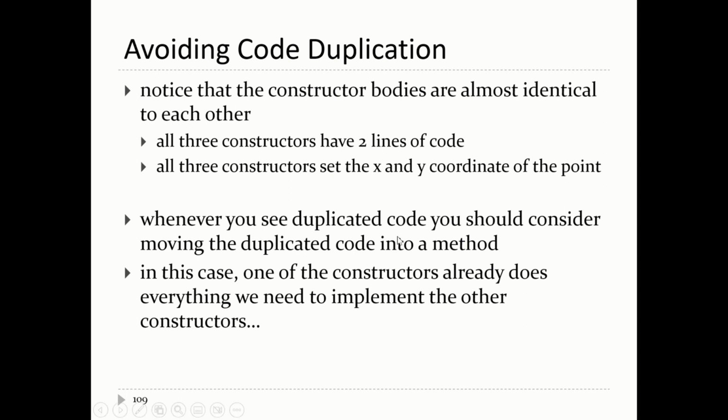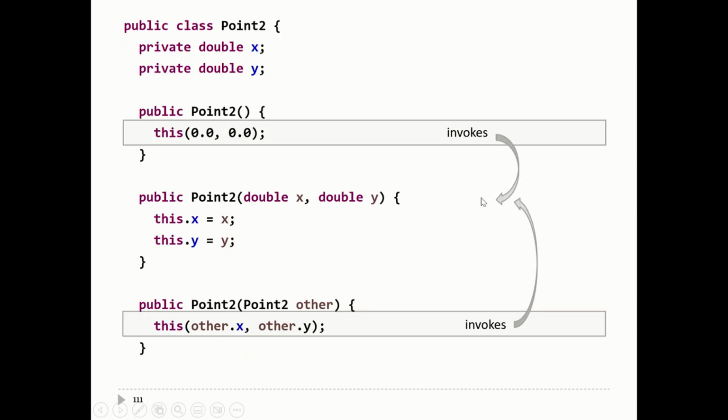Now in this case, one of our constructors already does everything we need to do. So when you're implementing constructors, it's usually the case that one of the constructors is the quote-unquote most general constructor. So for example here, this constructor here is the most general form of the constructor. It takes in the two coordinates x and y.